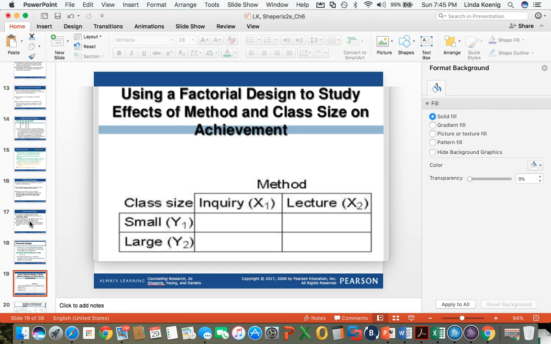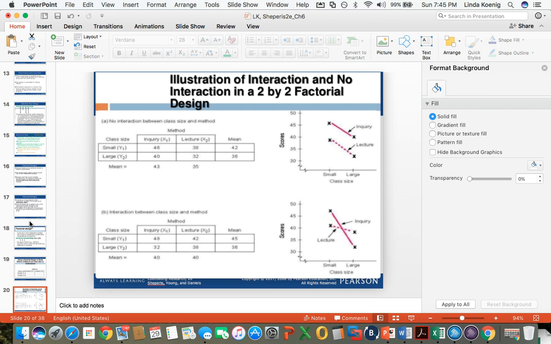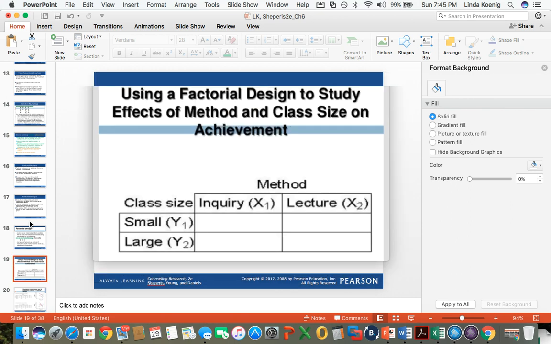So if we were doing this, it would look something like this. That is not the right slide. Hang on here. Oh, yes it is.